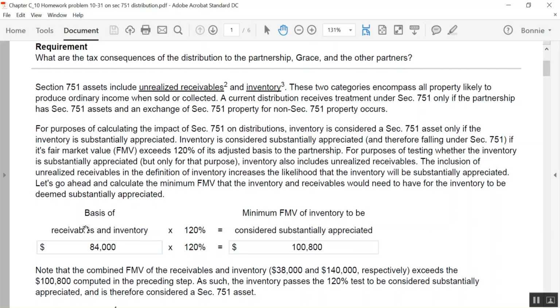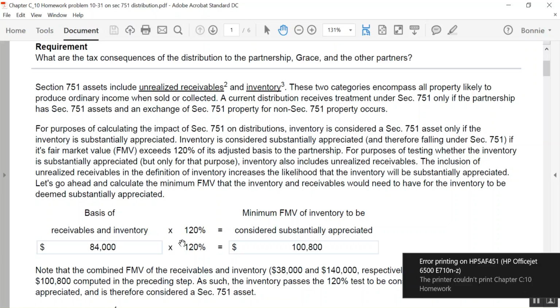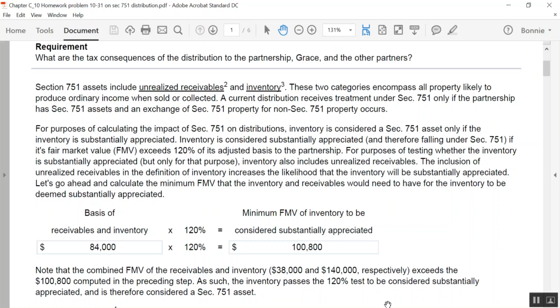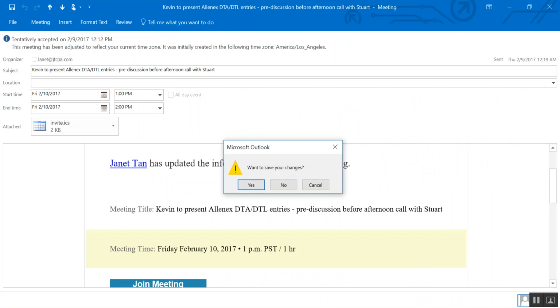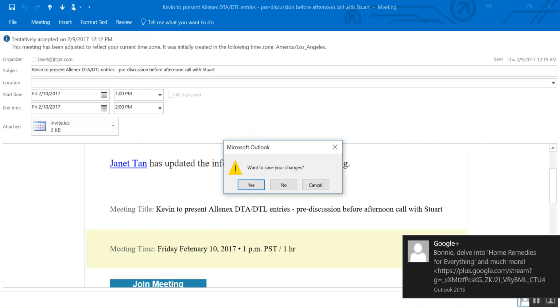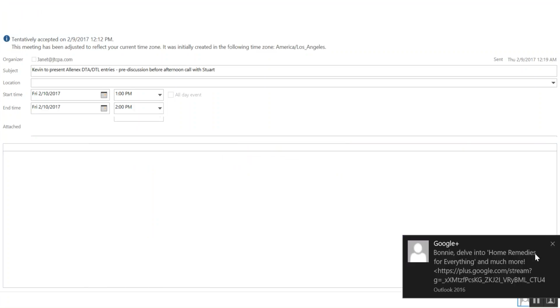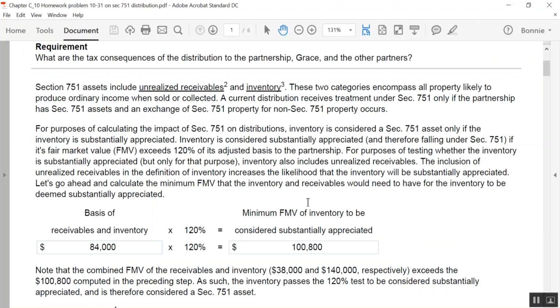So first of all, the basis of the unrealized receivables was 0, which it normally is for a cash basis partnership, and this was a cash basis partnership. The basis of the inventory was 84,000.